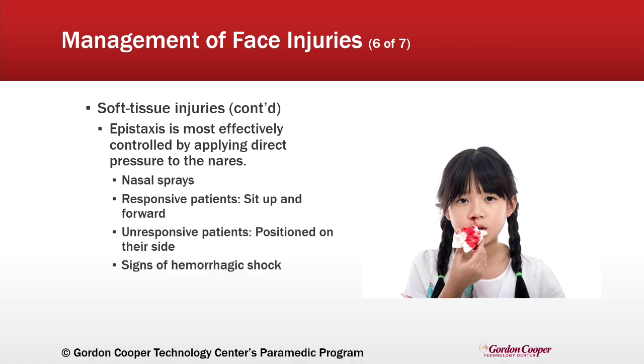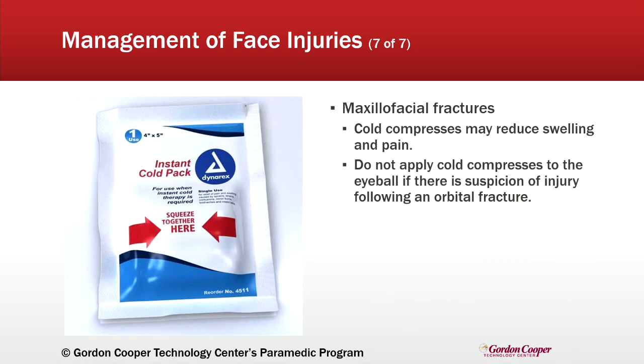An unresponsive patient should be positioned on their side. For a responsive patient immobilized on a backboard, consider a drug-assisted intubation if needed. You must carefully assess the patient for signs of hemorrhagic shock because it is entirely possible for a nosebleed to bleed such a large volume of blood that it begins to become problematic and it impacts them systemically.